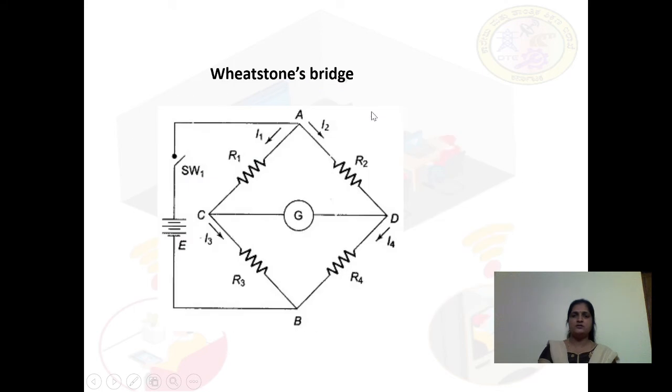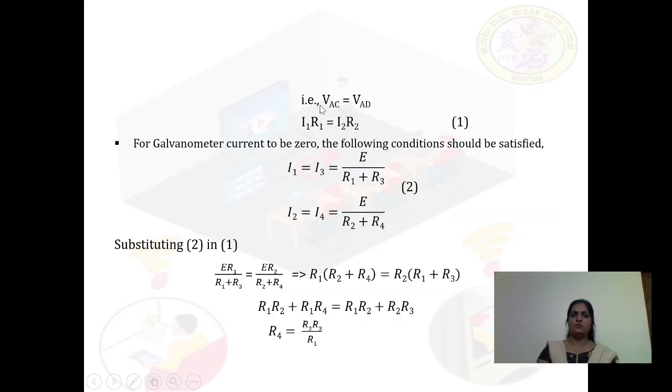So these are the junctions A, B, C and D. That is nothing but analyzing the adjacent arms, and this voltage can be represented in terms of I into R. I1 into R1 is equal to I2 into R2. So both the arms are at the same potential difference.